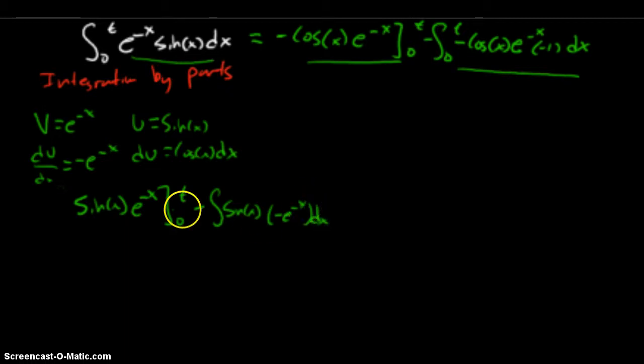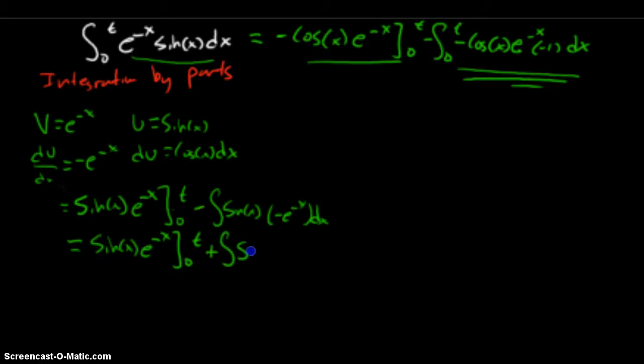Okay, so our minus signs will cancel out, and this integral here equals sine x e to the minus x from 0 to t. The minus sign cancels out, so plus the integral of sine x e to the minus x dx.